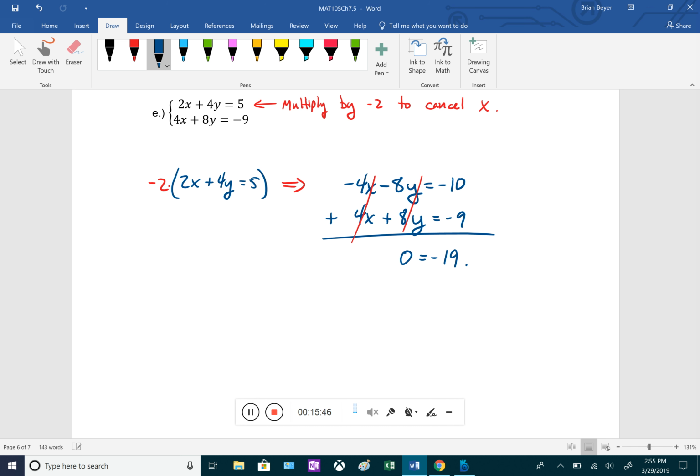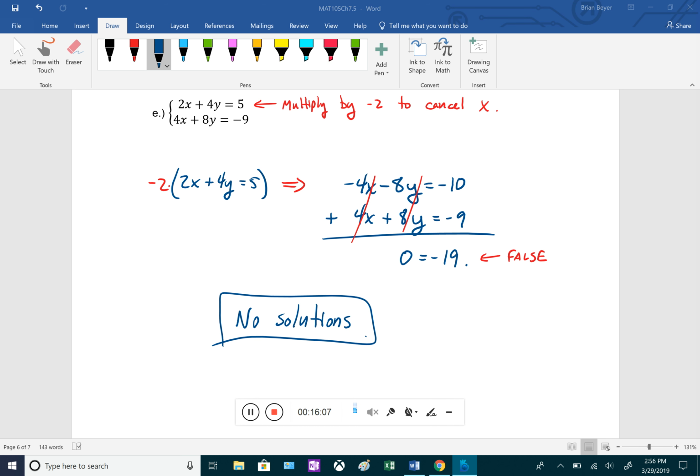So the variables canceled, and this is obviously a false statement. 0 does not equal negative 19. So since the variables canceled and we got a false statement, that means there are no solutions. Okay, so there's no solutions for that one. So what this means is that, if you remember from the previous sections, these are parallel lines, so they never intersect, so there are no solutions.